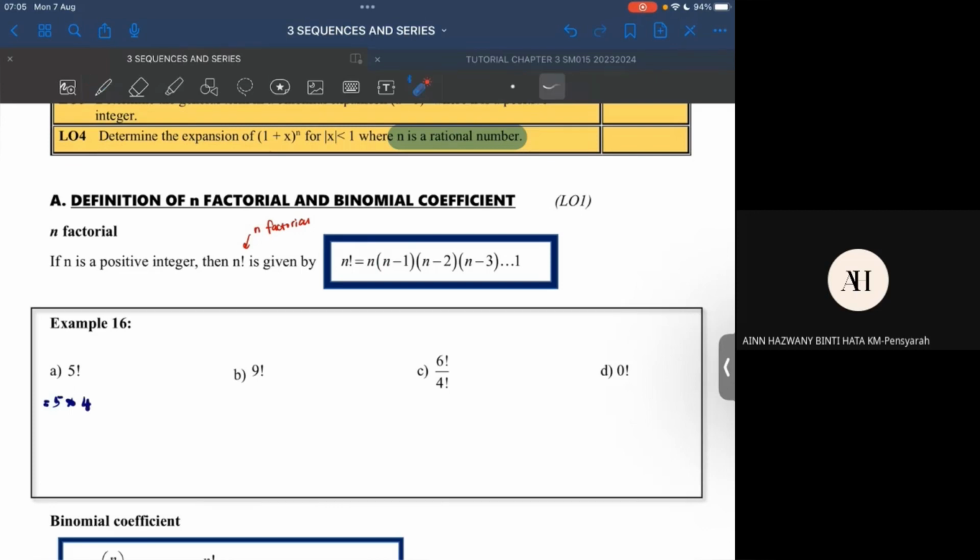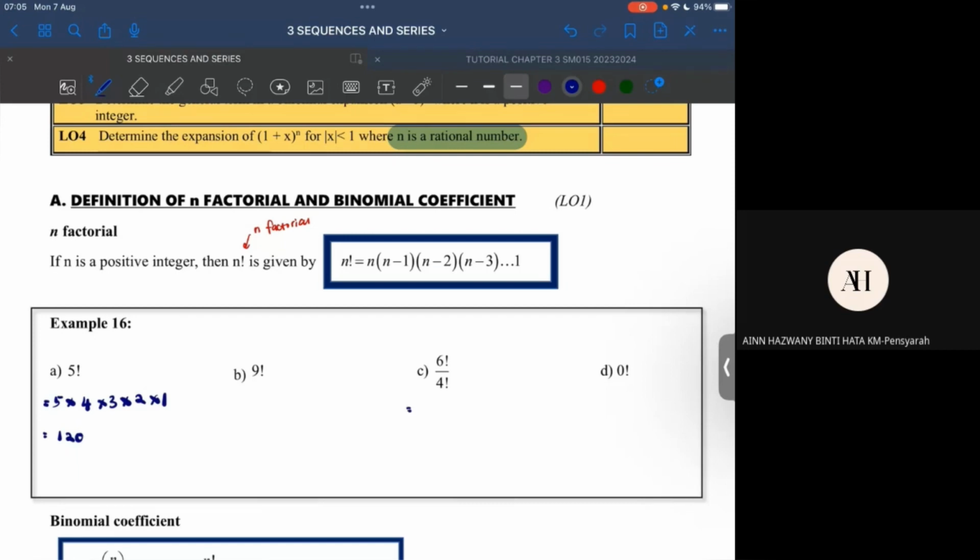And then kita ada 5 minus 2, 3. Sampai kita akan dapat 1. Okay, which is kalau tekan calculator 5 times 4 times 3 times 2 times 1, kamu akan dapat 120. Okay, so that is definition untuk n factorial. Okay, sama je kalau kamu tekan 5 factorial daripada calculator kita. Okay, sekarang kita nak tahu definition sahajalah. Okay, same goes here. Ini tak ada masalah, saya tak nak buat lagi sekali.